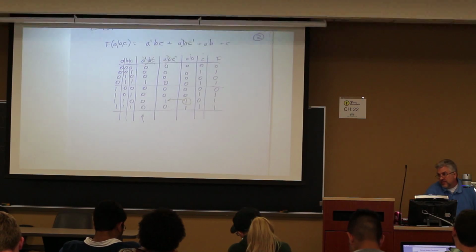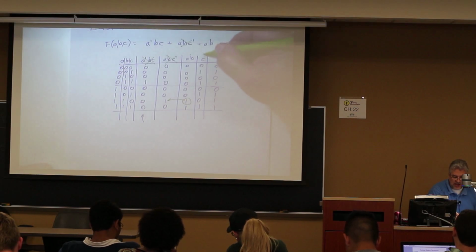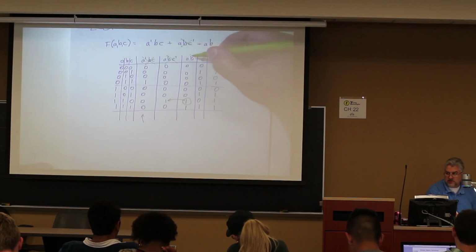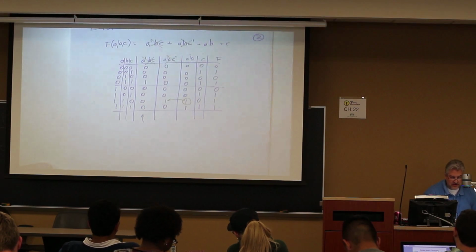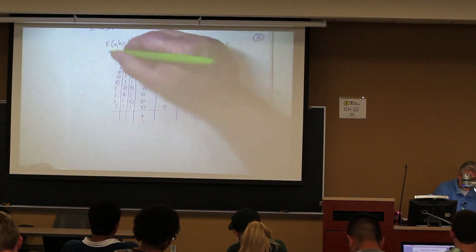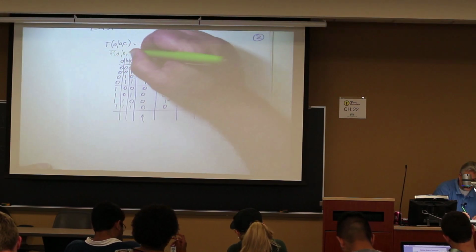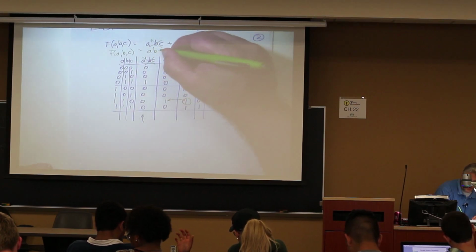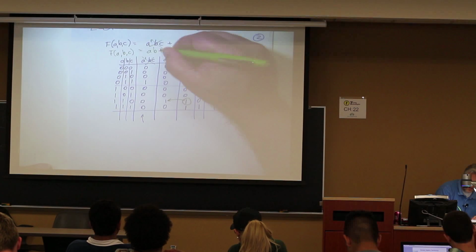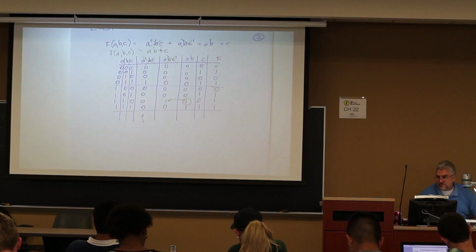There's nothing in here that talks about A and B, and nothing over here that talks about C. So we've minimized this equation to really F(A, B, C) equals AB plus C, or AB or C.